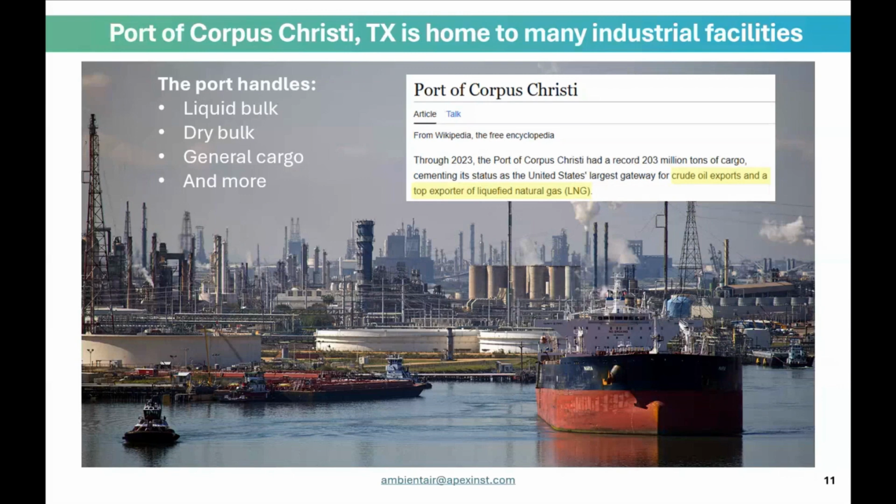The port handles the shipping of liquid bulk, dry bulk, general cargo, and all other types of special cargo equipment. The facilities, the activities, the ships, they all contribute to the presence of VOCs in the local airshed. So we have a very crowded industrial site where CITGO is located.